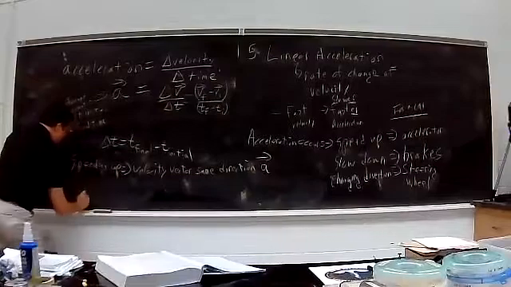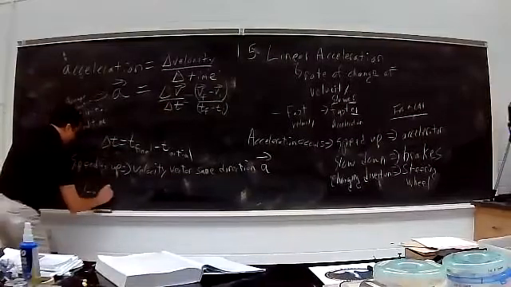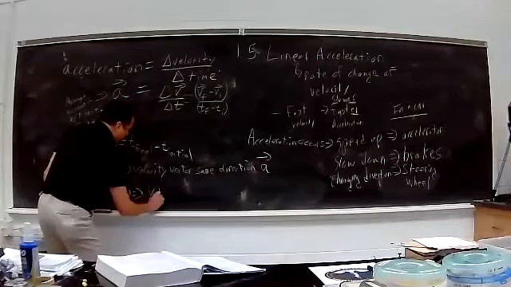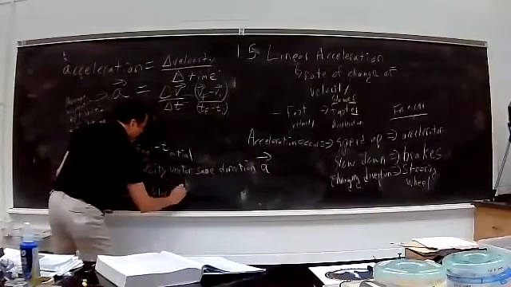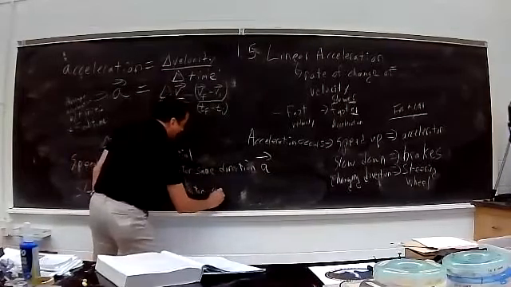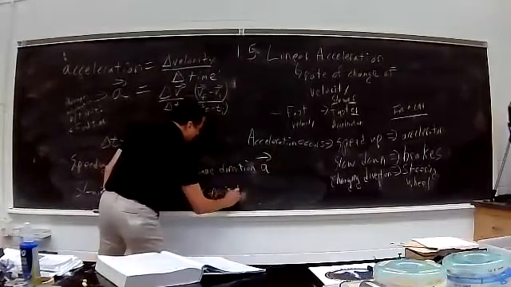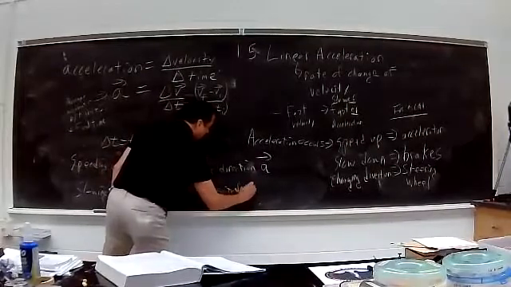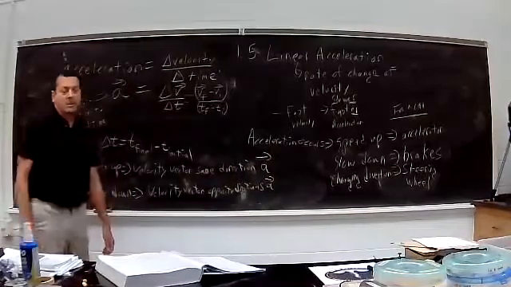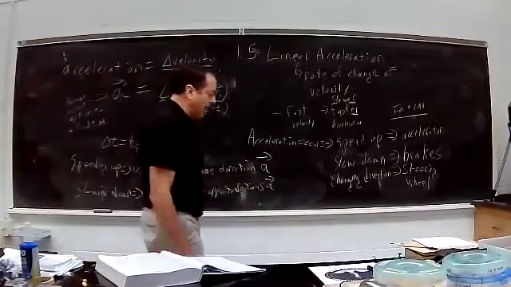If you're slowing down, your velocity vector is in the opposite direction as your acceleration vector. Why is that in the opposite direction?